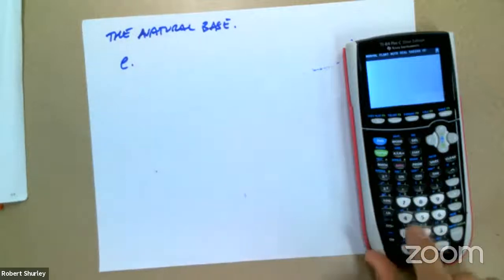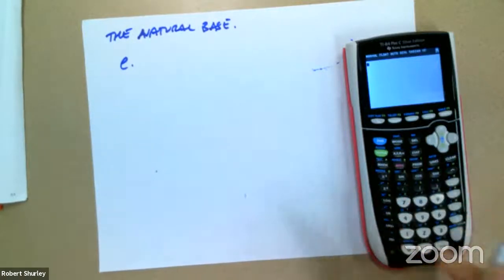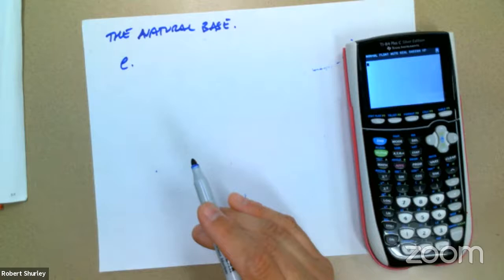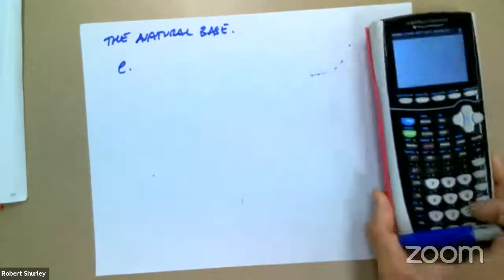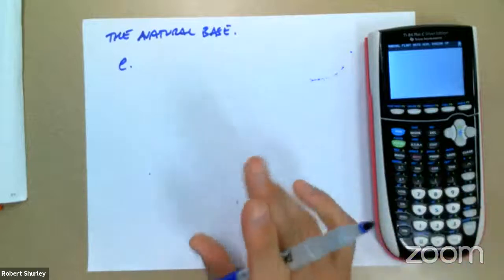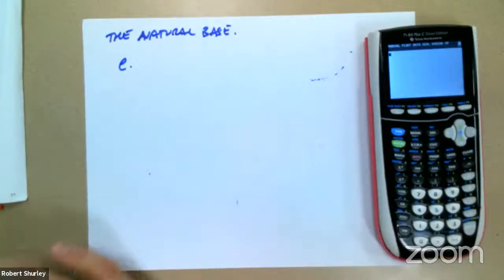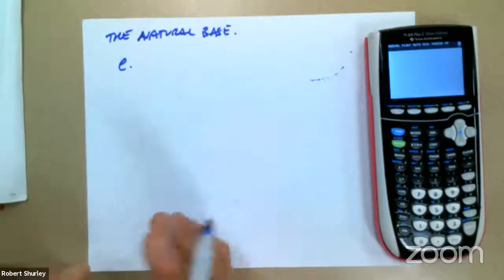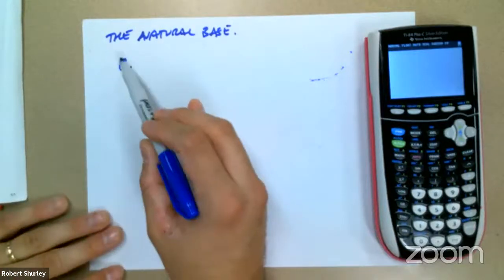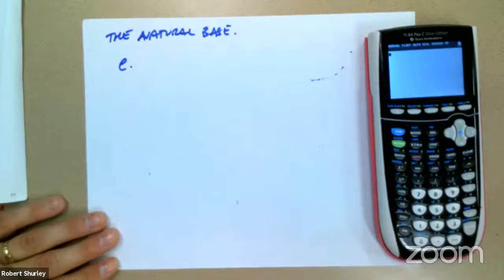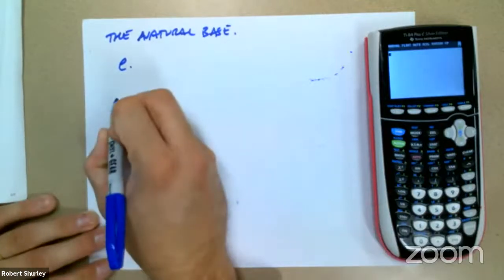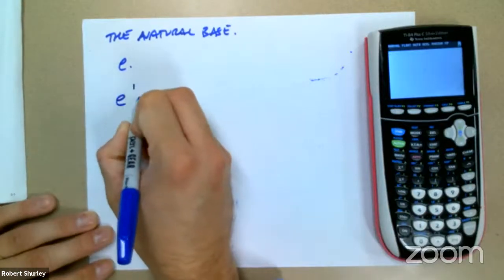Okay, but the natural base e, what's nice is it's in our calculator. What happened was this number kept occurring in nature. So whenever we started seeing these patterns in nature and trying to create mathematical models based off naturally occurring events, this base kept happening. This number kept happening. And if you want to see what the number actually is, you can put e to the 1 in your calculator.